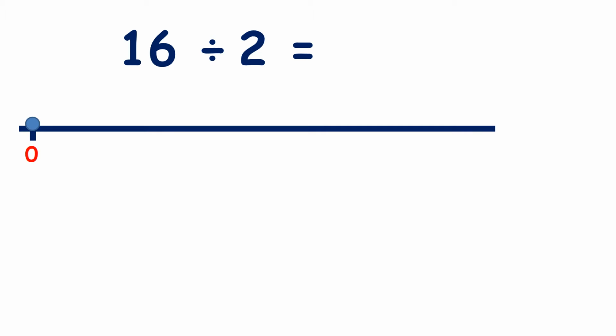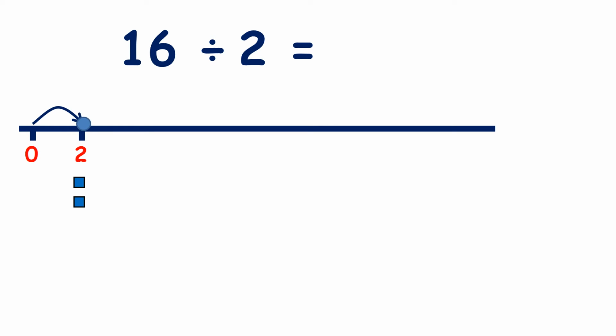And how can we show 16 divided by 2 on a number line? We can count up in steps of 2 until we get to 16 and then see how many jumps we made.